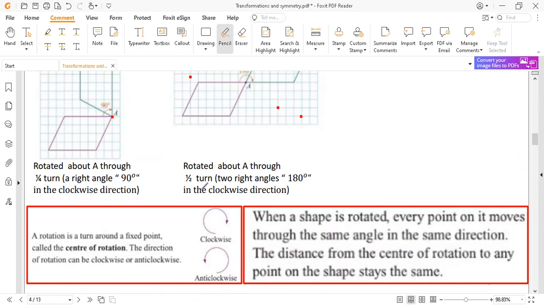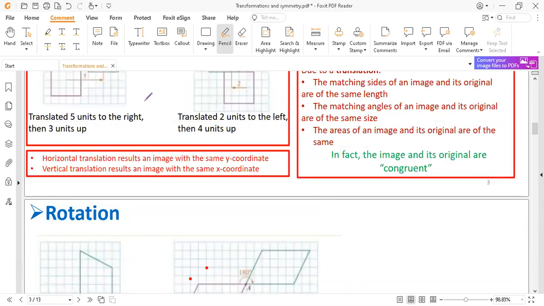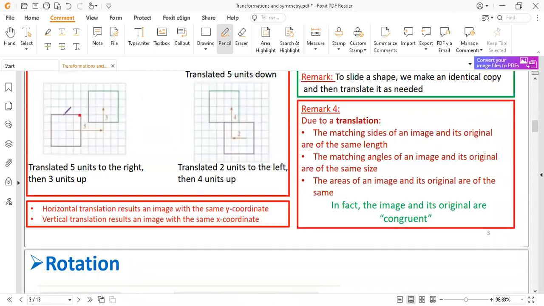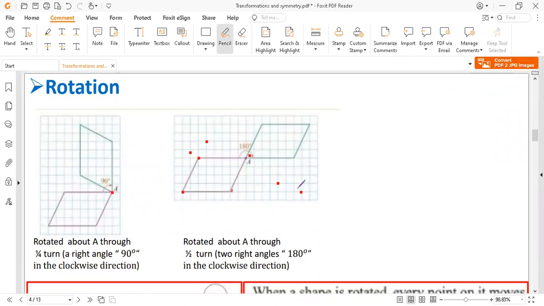Like in the translation, we can only take the critical points here. These corners, the vertices of this square, are the critical points that make our shape. Also, the vertices of this parallelogram make the shape. So it is sufficient to rotate these 4 or 5 vertices to obtain the image.